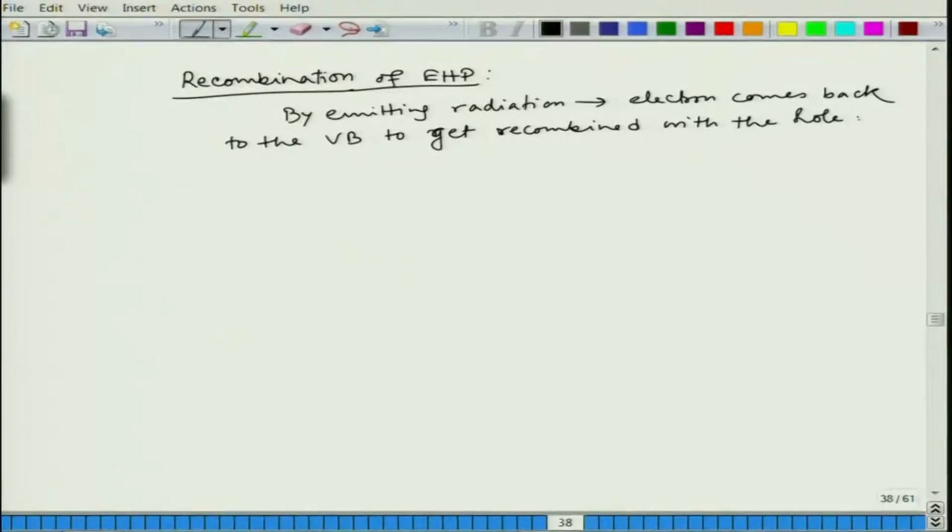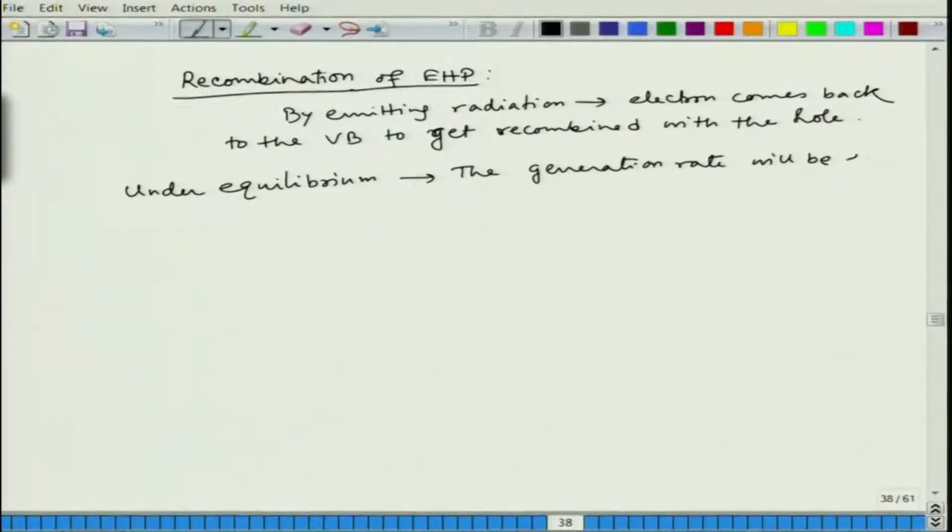right. So, now you can think of under equilibrium the generation rate will be equal to the recombination rate. Right. So, that is why we call it equilibrium. There will be no net generation or net annihilation.